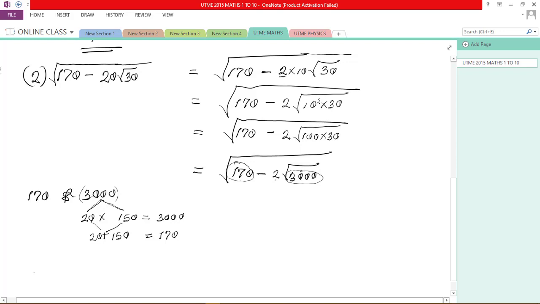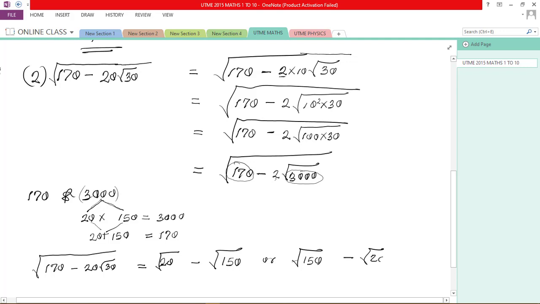So it means that the square root of 170 minus 2 root 3000 is the same thing as either root 20 minus root 150 or root 150 minus root 20.